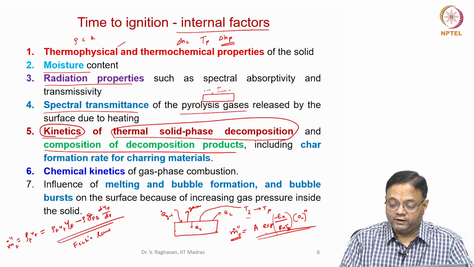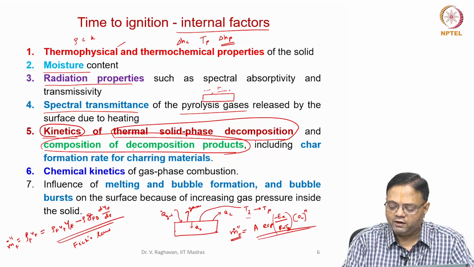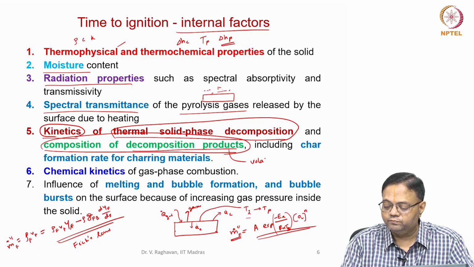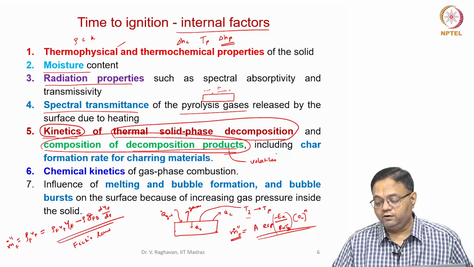Okay, now the second is the composition of the decomposition. What are the decomposition products? These are volatiles basically. So what is the composition of that? We don't know.